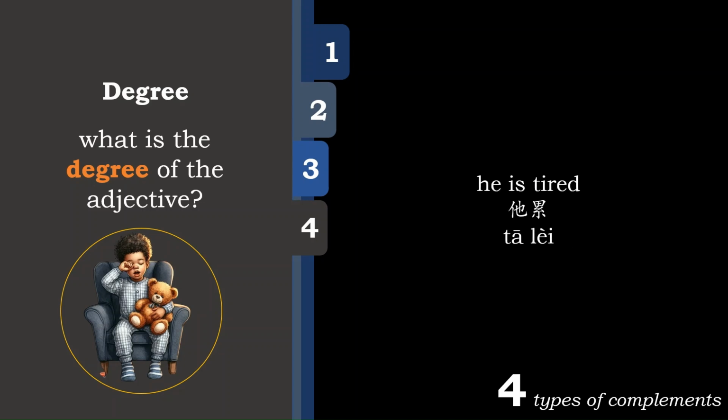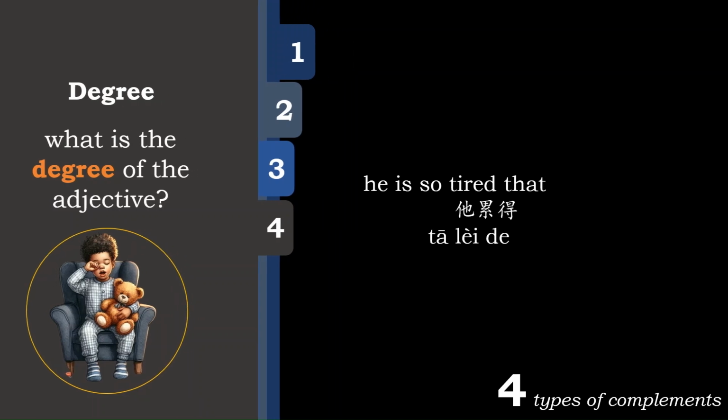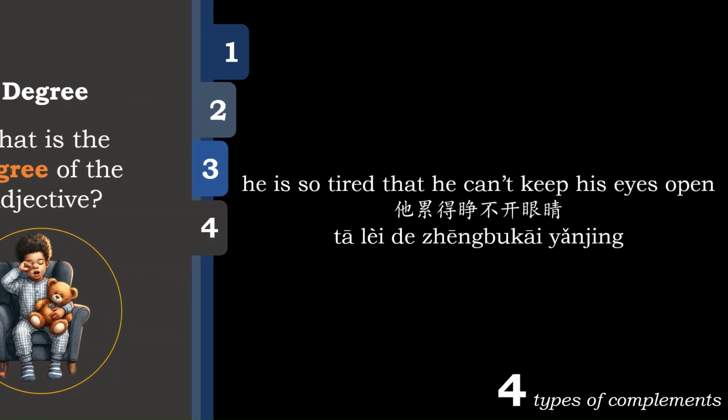Now, we'll explain more about that later, but for now, let's remove the adverb 非常 and we're back to he is tired, 他累. Now, what is the adjective here? It is 累, tired. And what we want to know is to what degree is the adjective true? In other words, how tired is he? We would answer that question by saying he is so tired that 他累的 he can't keep his eyes open. 睁不开眼睛.